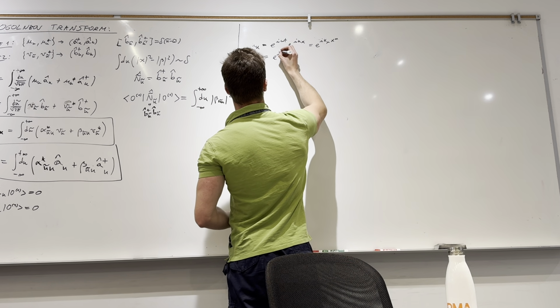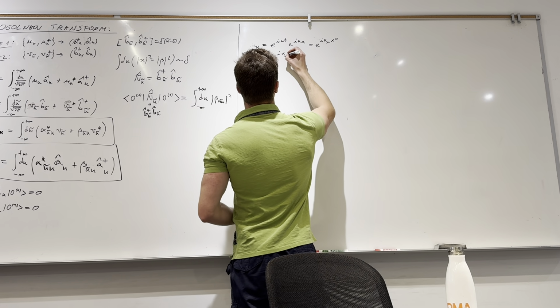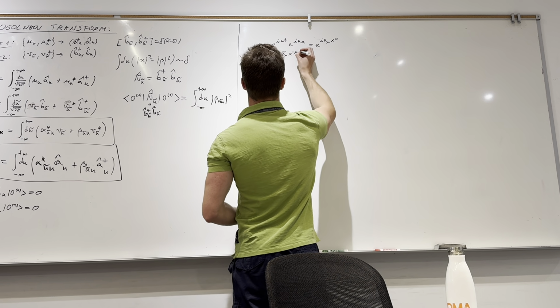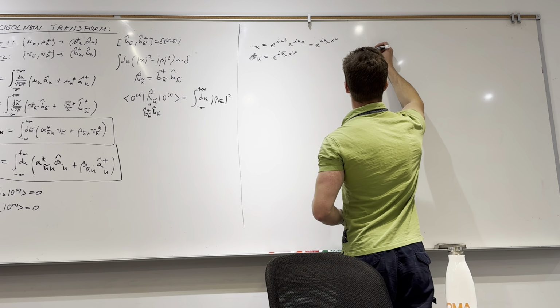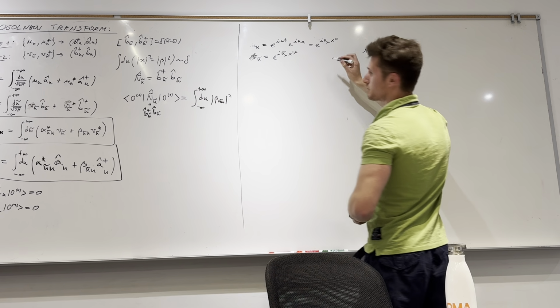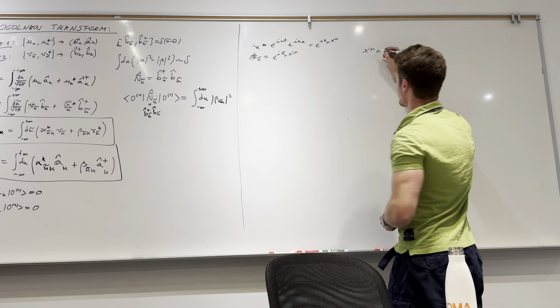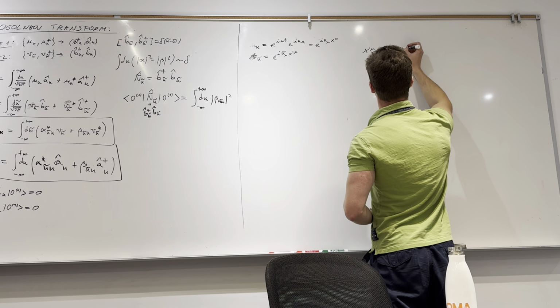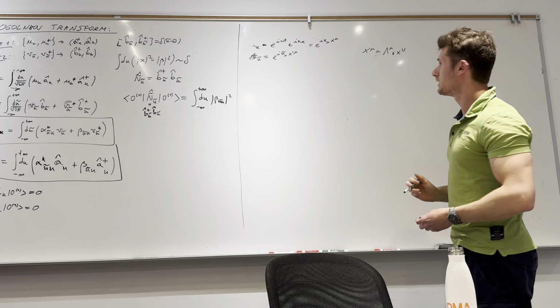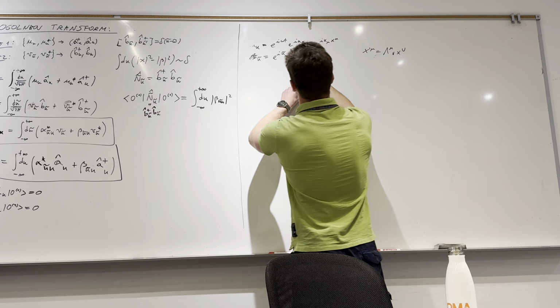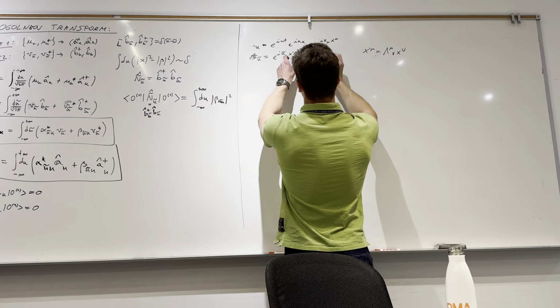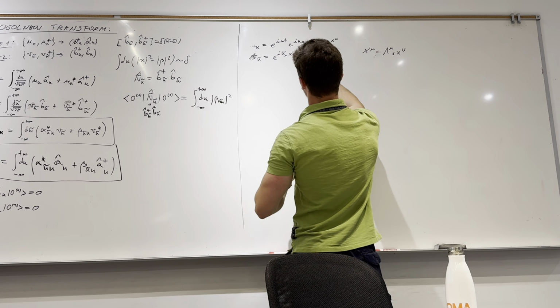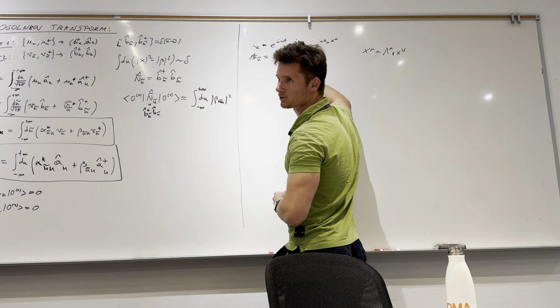So you will have e to the i k tilde mu x prime mu. And we know the coordinate transformation between x prime and x mu for a Lorentz transformation is this. So in this exponential, you can move this action from the coordinates to the k vector.